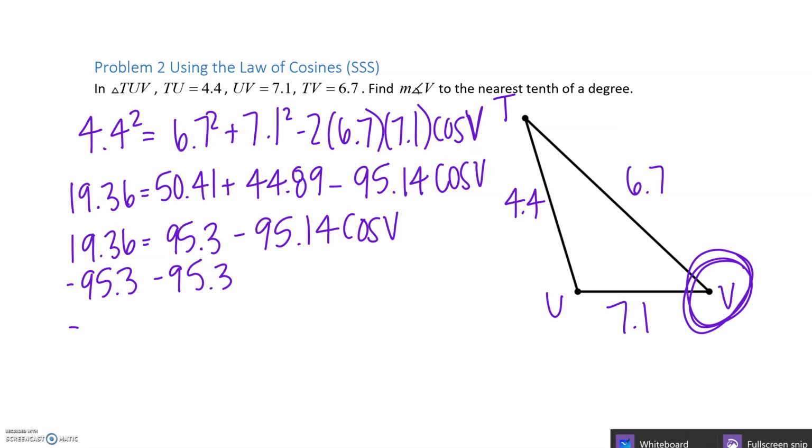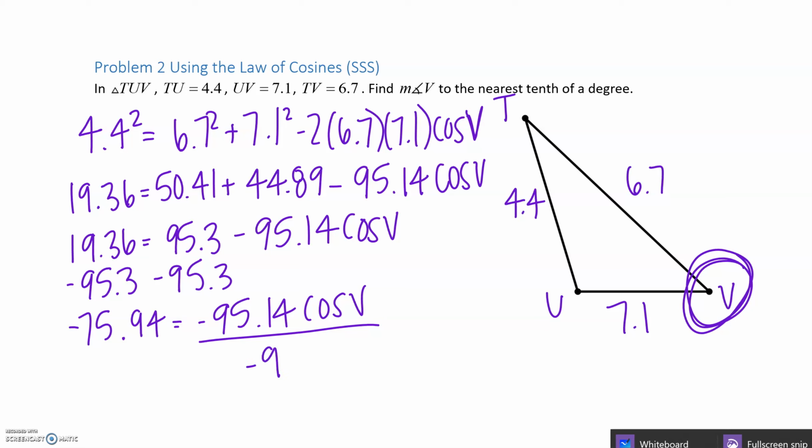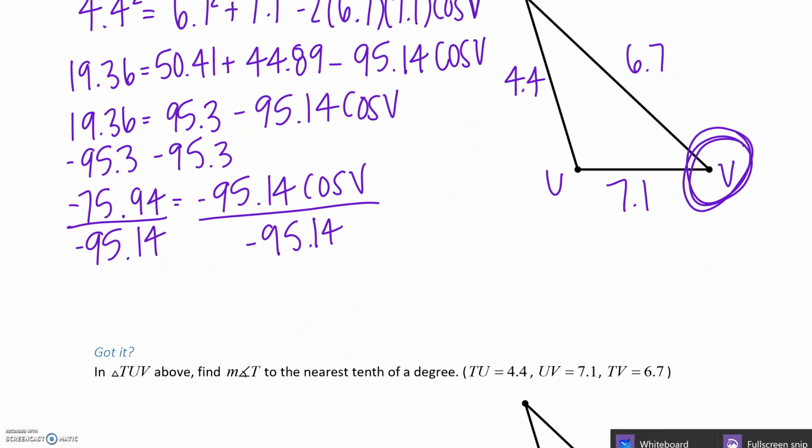That's going to give us negative 75.94 equals negative 95.14 cosine of V. Okay, so now what we're going to do is we are going to divide this negative 95.14 from both sides. That is going to leave us with cosine of V equals 75.94 over 95.14.